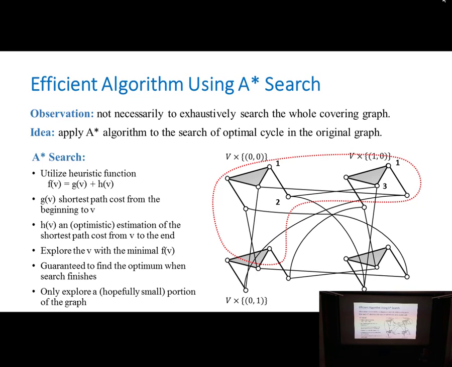Okay, you have to guarantee that it is a lower bound of the actual shortest path. Once this is established, at each time you just explore the new vertex with the smallest f of v. And then you are guaranteed to find the global optimum when you reach the destination. All right, hopefully you'll only explore a small portion of this graph. And there's no complexity guarantee. So in the worst case scenario, you're going to spend the exact same time as the original method.